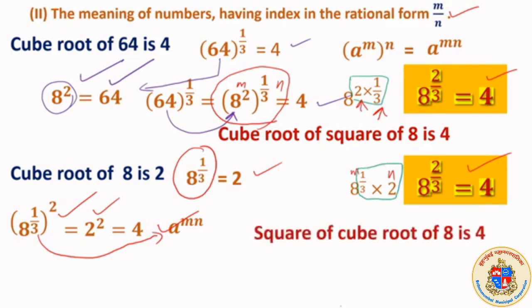So we have to read this as, there we started with cube root, which is on the right hand. Here we have to start with square of cube root of 8 is 4. There it is cube root of square of 8 is 4. Here, square of cube root of 8 is 4.